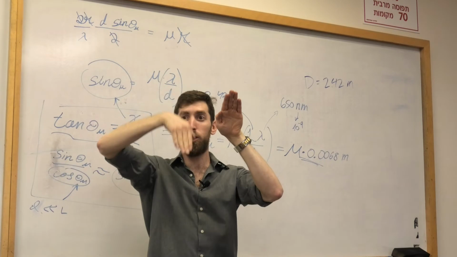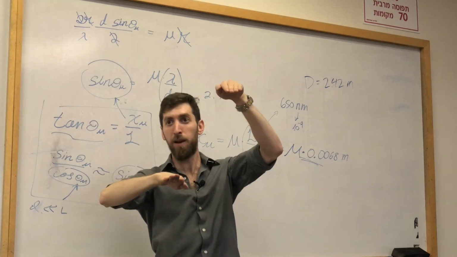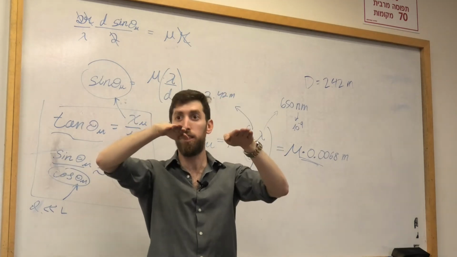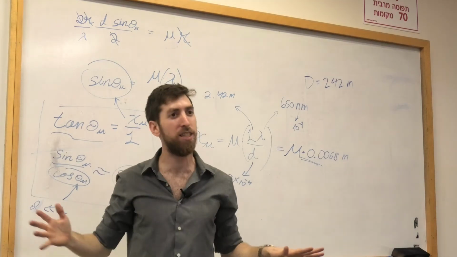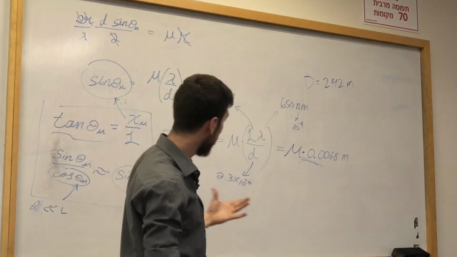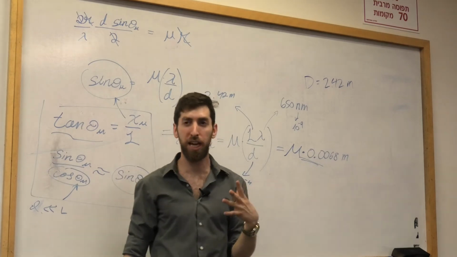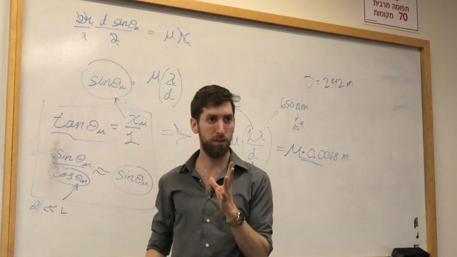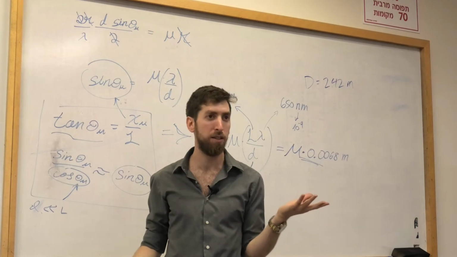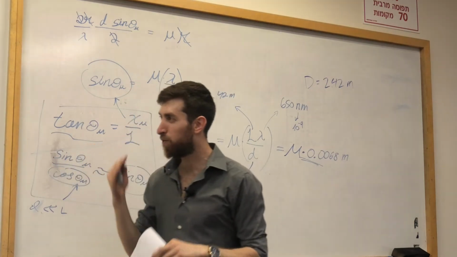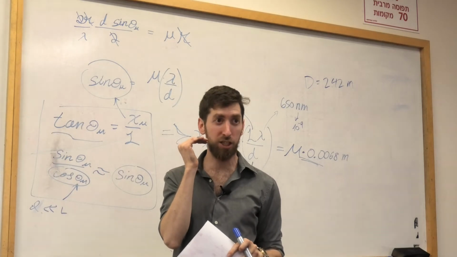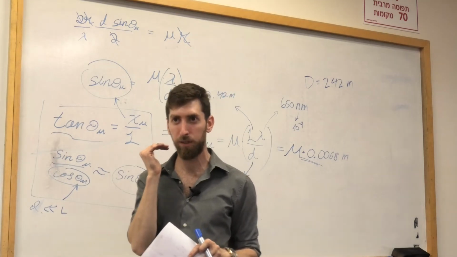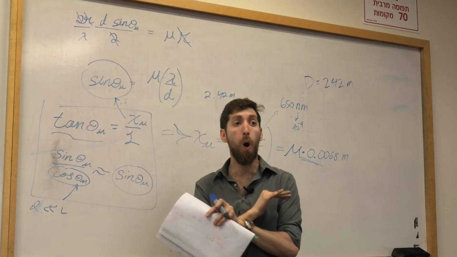But if this is on a minima and this is on a maxima, they're going to sum up to 0. So there are locations where there's darkness all the time. It's also important to say that these maxima points sometimes are also 0, but you can't see it because the frequency is too fast. You cannot notice that it's sometimes dark, okay? But there are locations that are always dark.